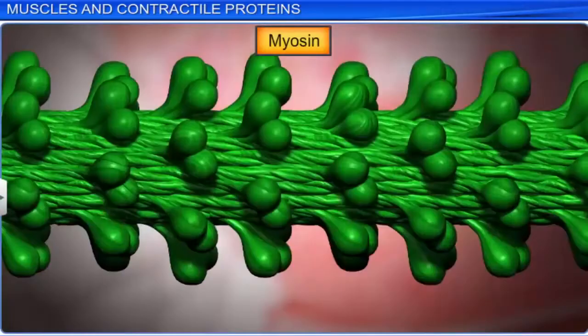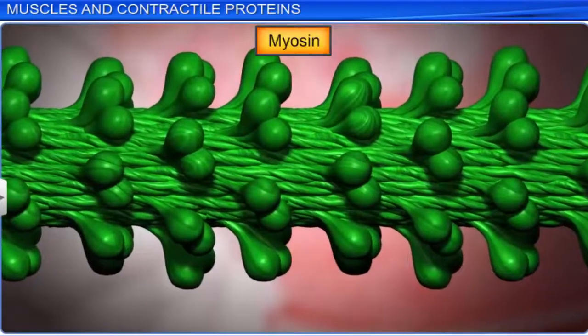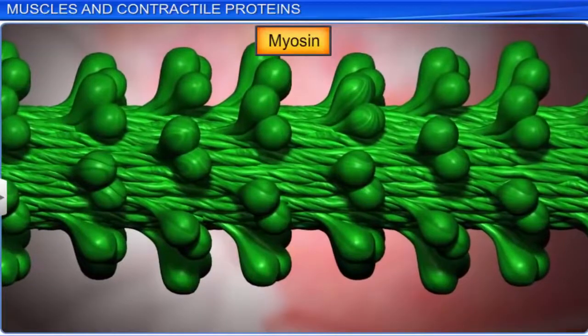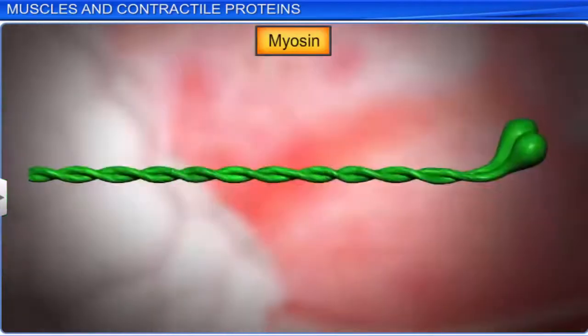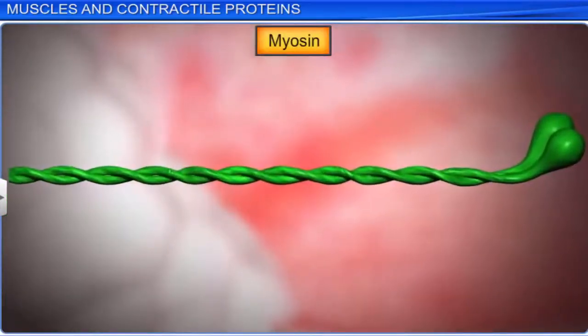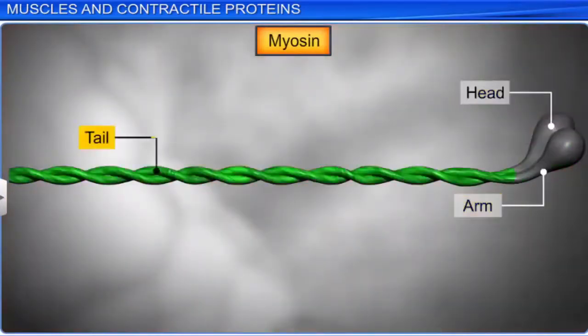Similarly, each myosin or thick filament is a polymerized protein. It is made up of many monomeric proteins called meromyosins. Each meromyosin consists of two important parts, a globular head with a short arm and a tail.